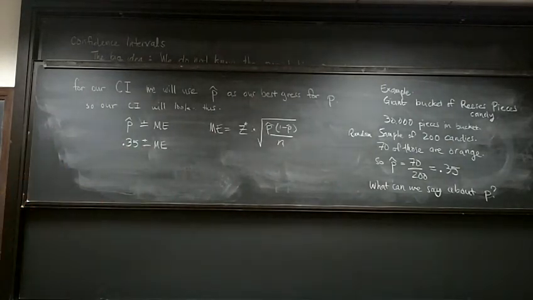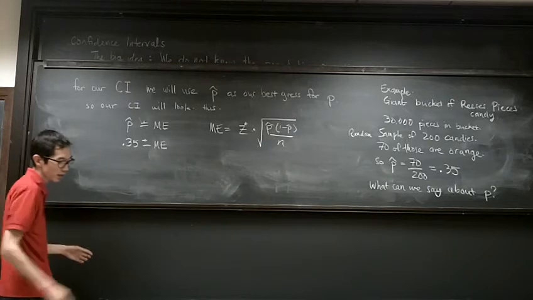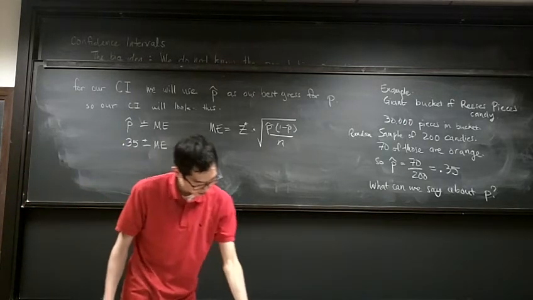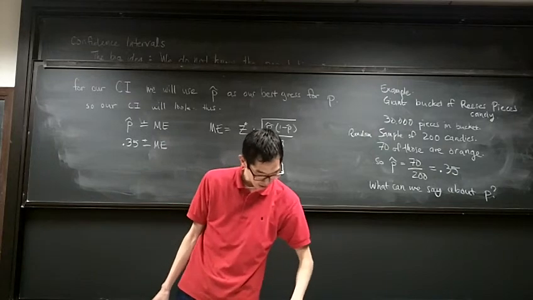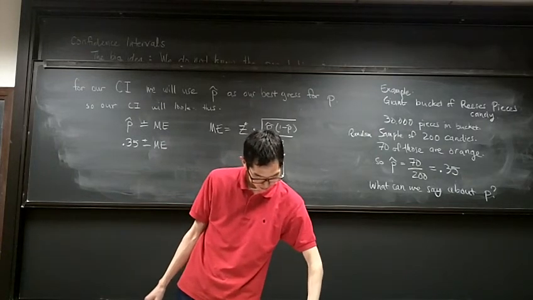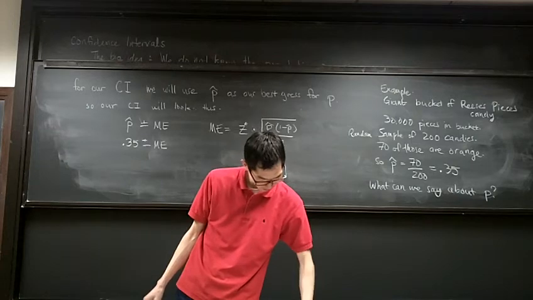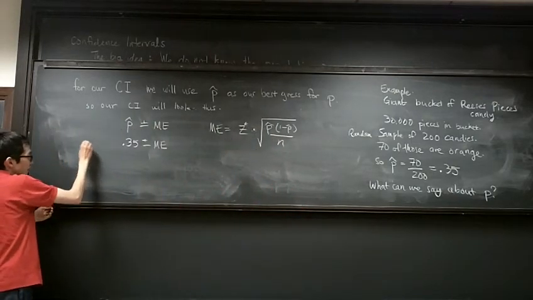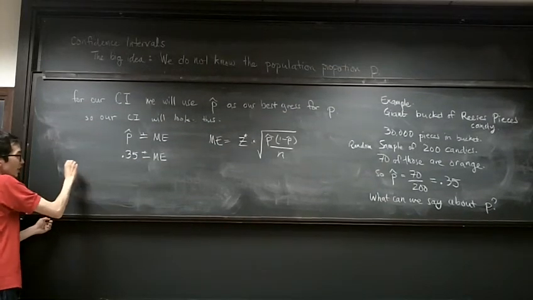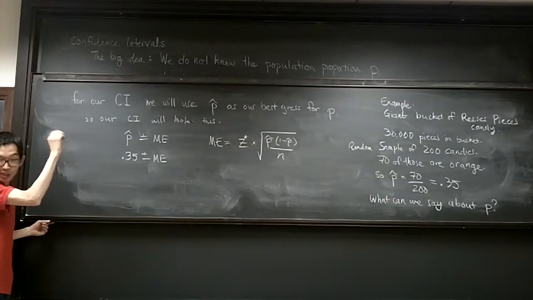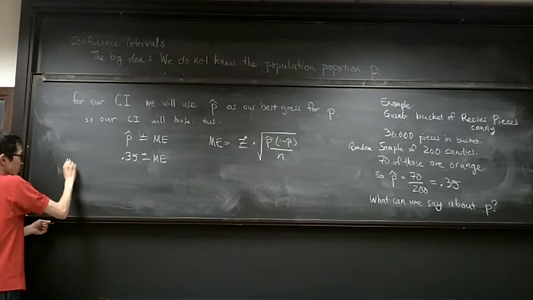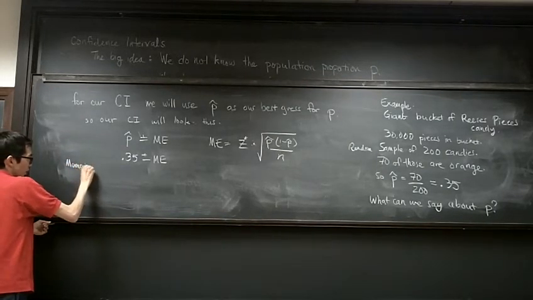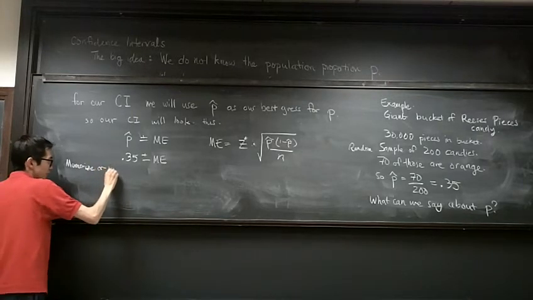And so common values for confidence, and these you're going to just have to either memorize or make sure you write down on your note card, okay? Memorize or write on your notes.